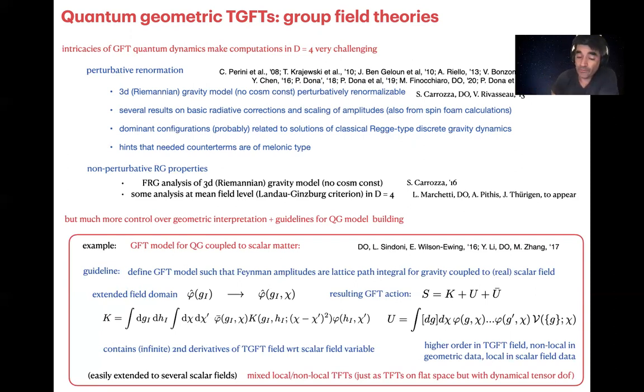The result of the analysis is that one ends up with a model in which there are non-local directions, which are the quantum geometric ones, and local real directions, which are the ones corresponding to the scalar field degrees of freedom. So one gets exactly the type of mixed local, non-local tensorial field theory that was the case for the tensor field theories on flat space. But in this case, we also have dynamical tensor degrees of freedom.